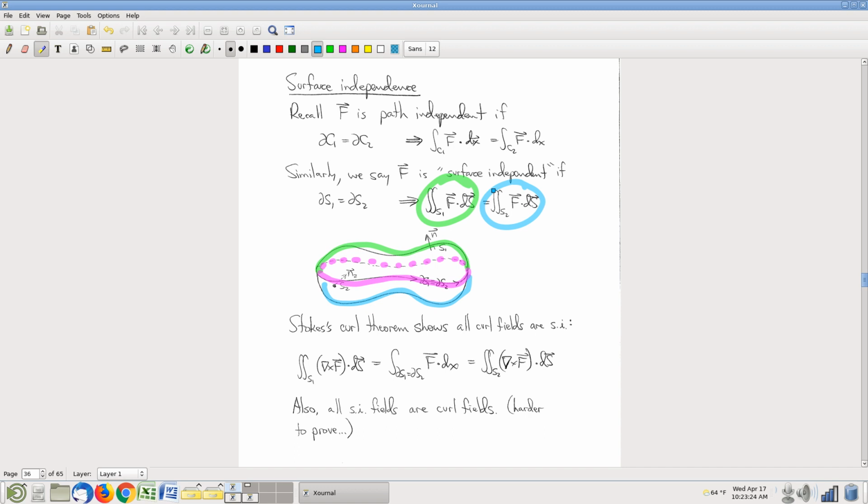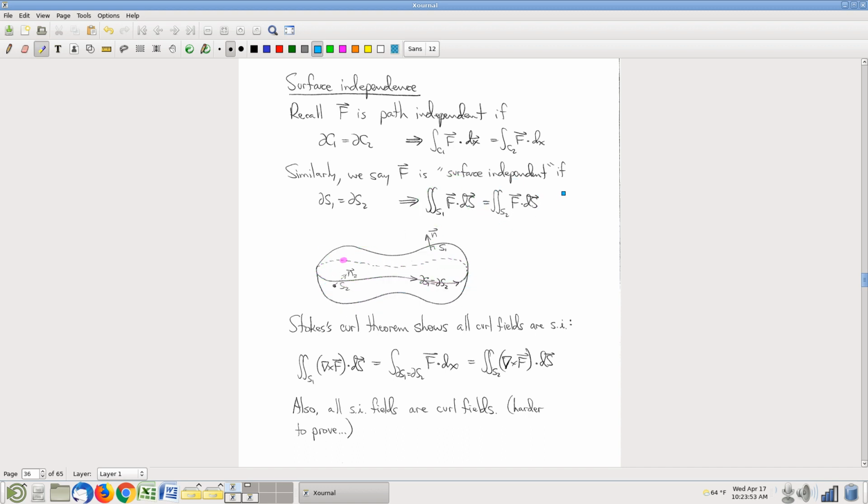Wow, that's a pretty cool vector field. Any vector field that has this property, this is infinitely many requirements. My gosh, it's for infinitely many surfaces that share a boundary, but the boundary could be infinitely many different curves, right? This is a very long list of requirements on a vector field. And if a vector field could have that property, it's a pretty neat vector field. So again, we call that surface independence, just like path independence.